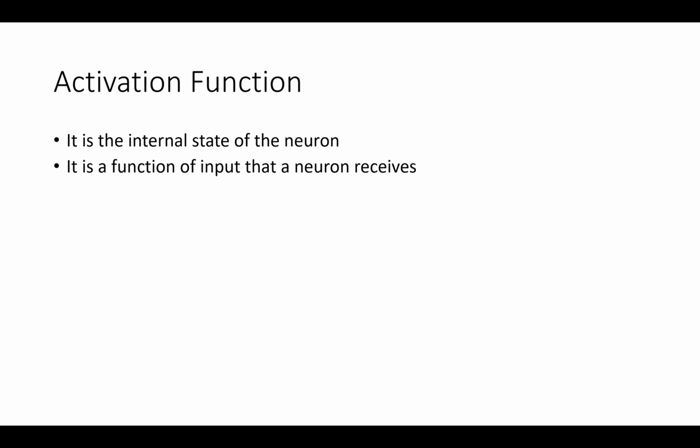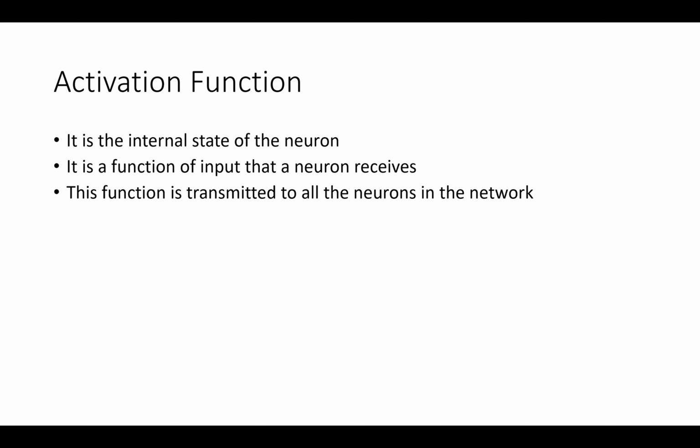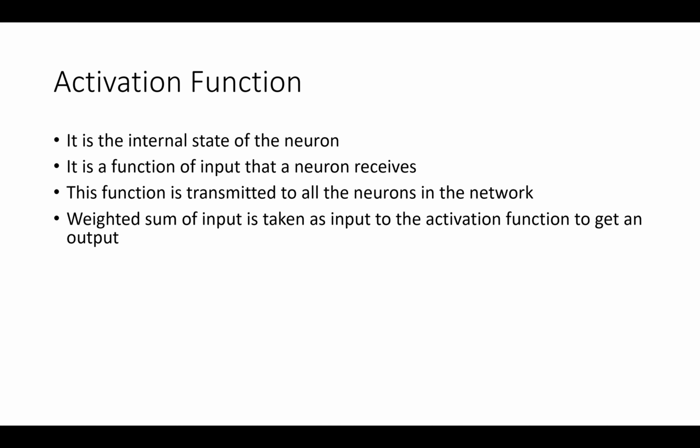So this state of the neuron receives inputs, and it is the function of input which is transferred to further neurons to be able to develop an output. As I've mentioned, this function is transferred to all the neurons in the network, thereby converting our input signal into the output signal by following certain rules.